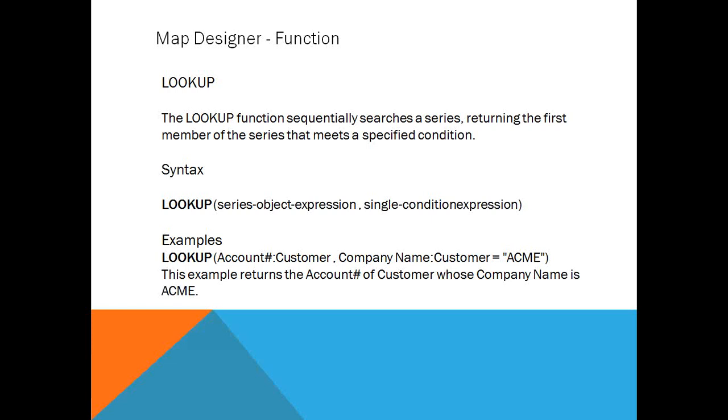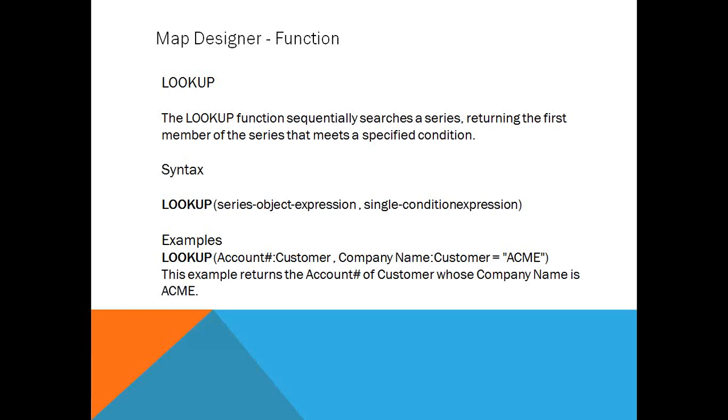Take the example, lookup of customer account where the condition is company name is ACME. Suppose your input has 10,000 records, and each record has customer name, customer account ID, and three more fields like customer address.